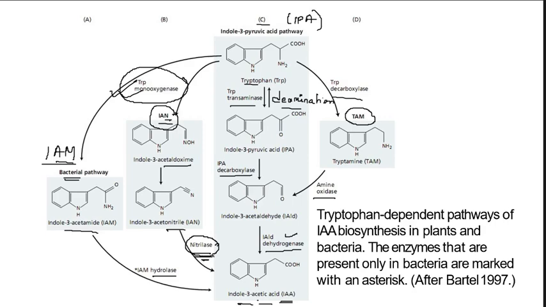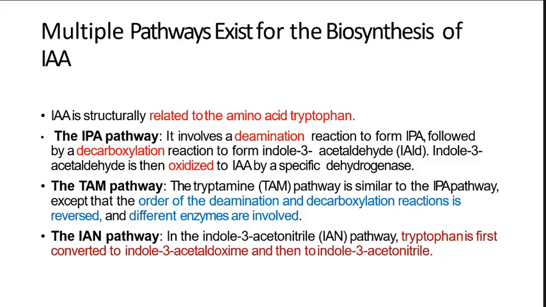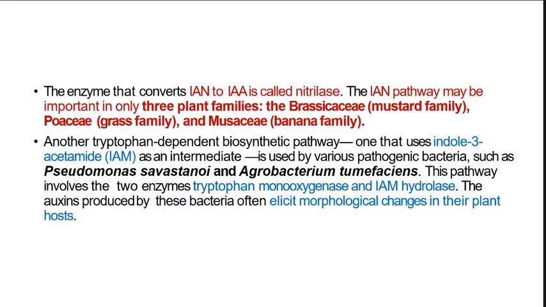what we see is that in the middle it was the IPA pathway, where from tryptophan the first step was deamination. In the second step it was decarboxylation, and in the third step it was what?